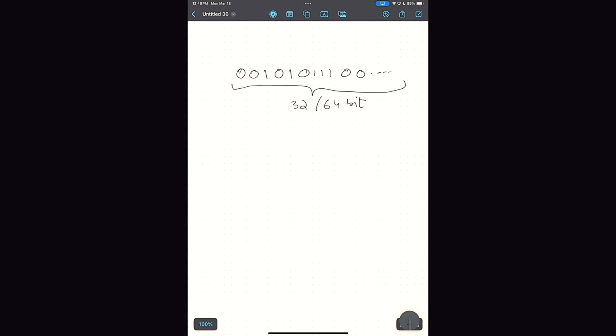Each bit actually represents the signal on a wire. It could be 0 or 1. When it is 0, it means the wire is low, and when it is set to 1, it will be like this, and then 1, 0, and so on.